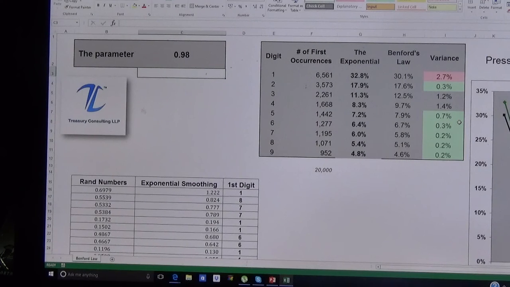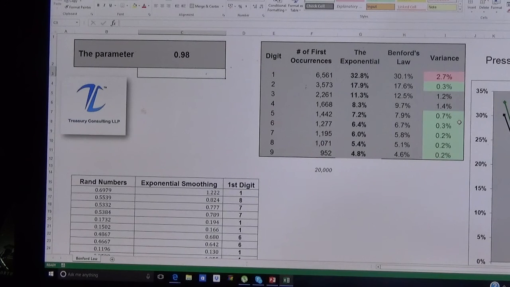Sometimes you don't get a value, but there is a genuine error that Benford has not been able to catch, because there is a smoothing methodology. There are a lot of people who still claim that no smoothing methodology is required in Benford, but Treasury Consulting LLP continues to believe that it is required, because there is not a single data set which is not structured in nature. Hence, this smoothing technique is required.